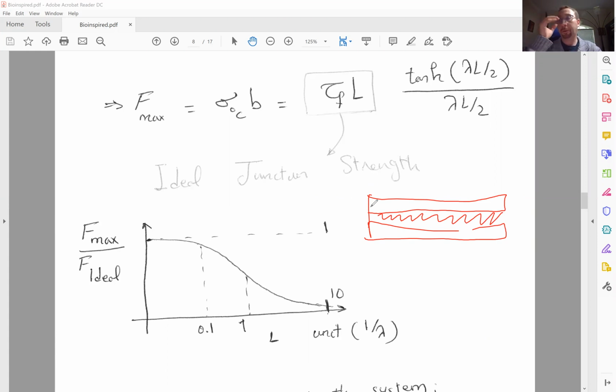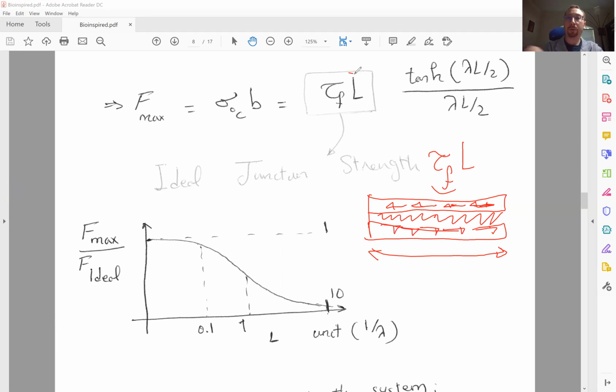But if it was uniformly distributed, it's a big if that doesn't happen, the total force that I require to break this interface is tau f times L. The total force that I would require to basically deform all the points plastically, because L is this, and this tau is the shear stress along the interface.